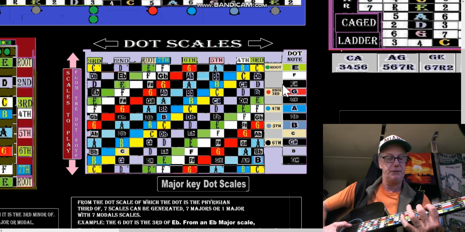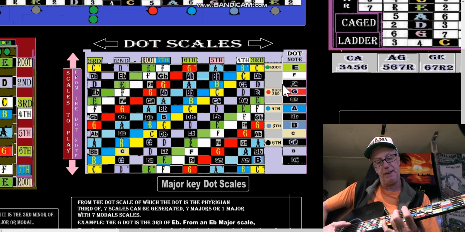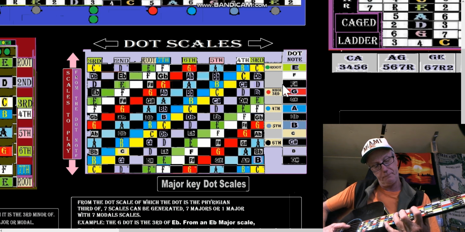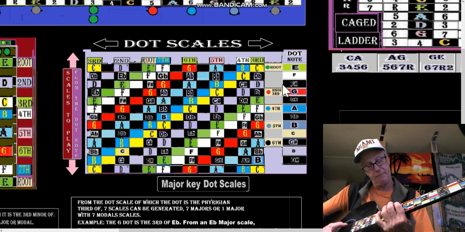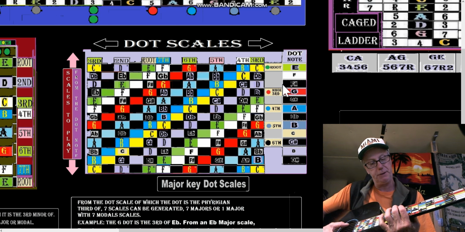So we're starting on the C shape, and we'll be ending on that A shape. That's the A shape there. So if we just play an A shape from there, we should be good.